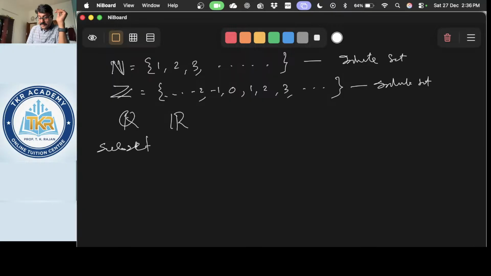Subset of a set. Suppose we have A equal to the set 1, 2, 3, 4.